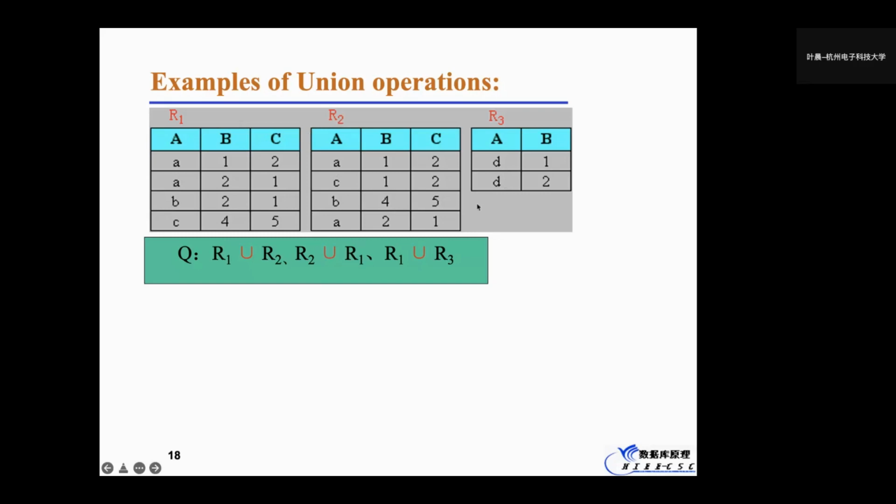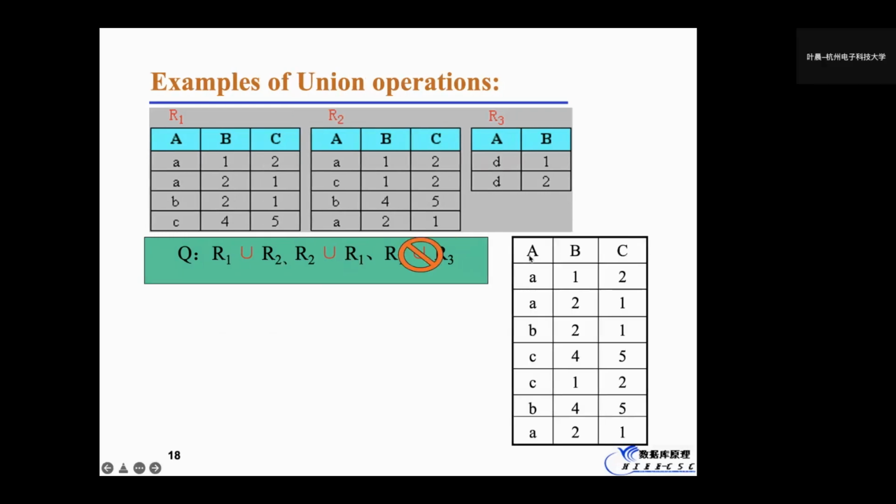So for R1 and R2 we have this result, and for R2 union R1 the result is the same, and for R1 union R3, we can't do that. It is illegal.